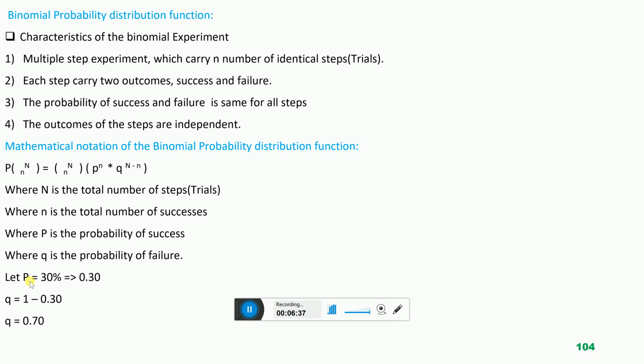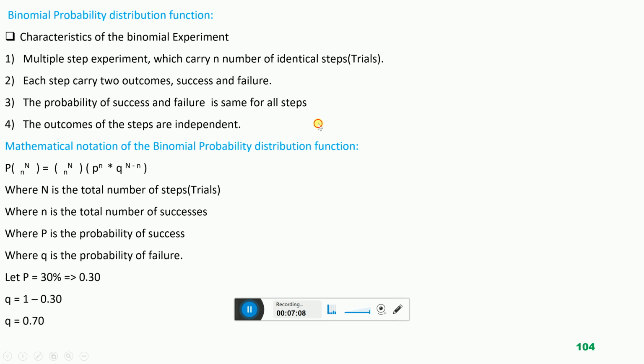Suppose the probability of success is 30%. So when the probability of success is known, we can find the probability of failure: q is equal to 1 minus 0.30. When we subtract from 100%, the probability of failure we calculate is 70%. So this formula we will use to assign probabilities to the values of the random variable of the discrete binomial experiment.